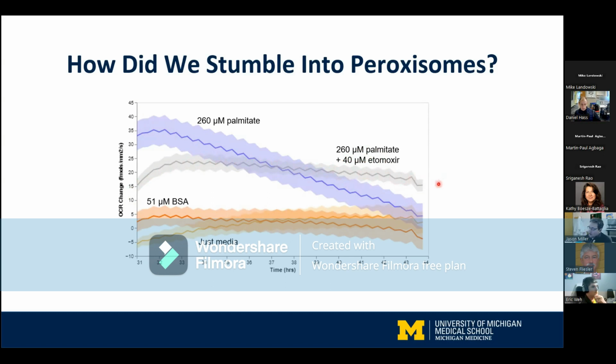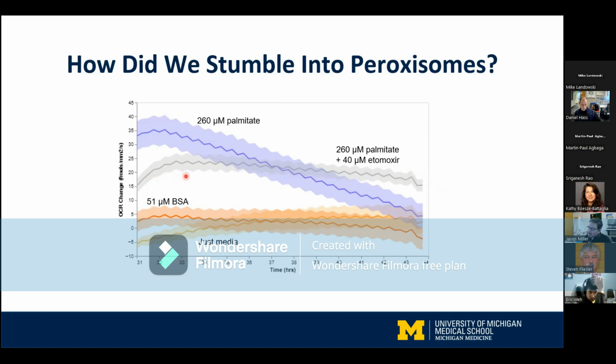Now, there's lots of possibilities here. One is etomoxir is wearing off, and we're going to try to address that by repeatedly spiking etomoxir in. But another possibility is that etomoxir is not completely inhibiting peroxisomal beta oxidation, which is controversial, and we are shunting some of our mitochondrially destined beta oxidation material, palmitate, into peroxisomes instead.